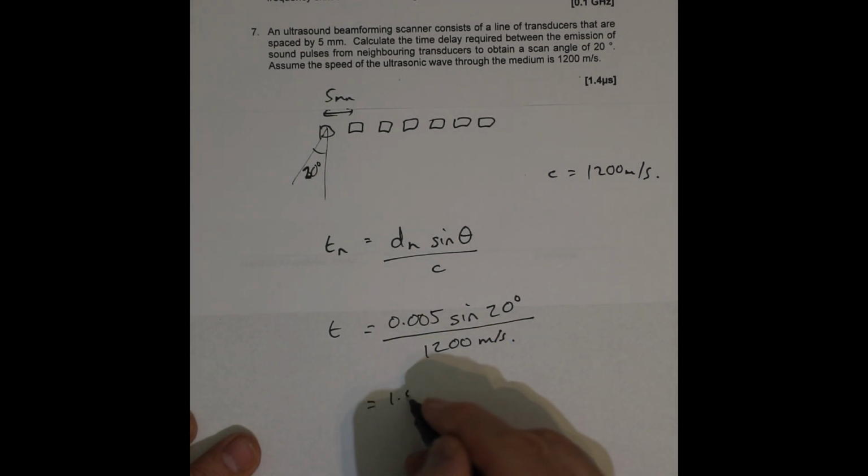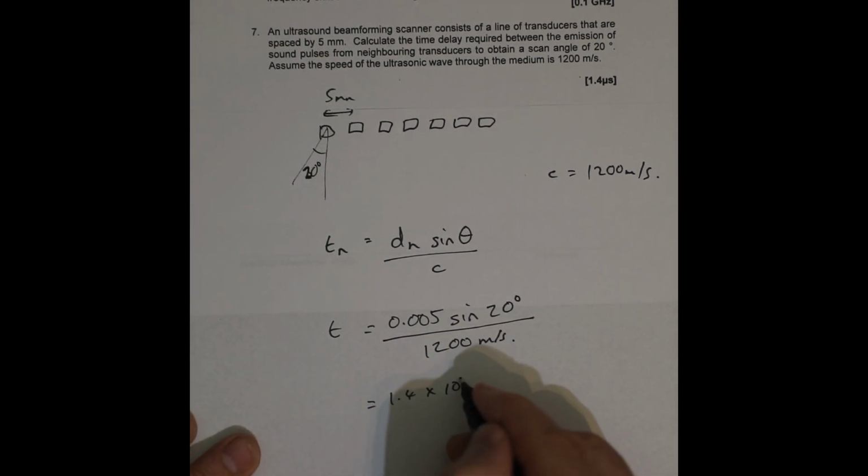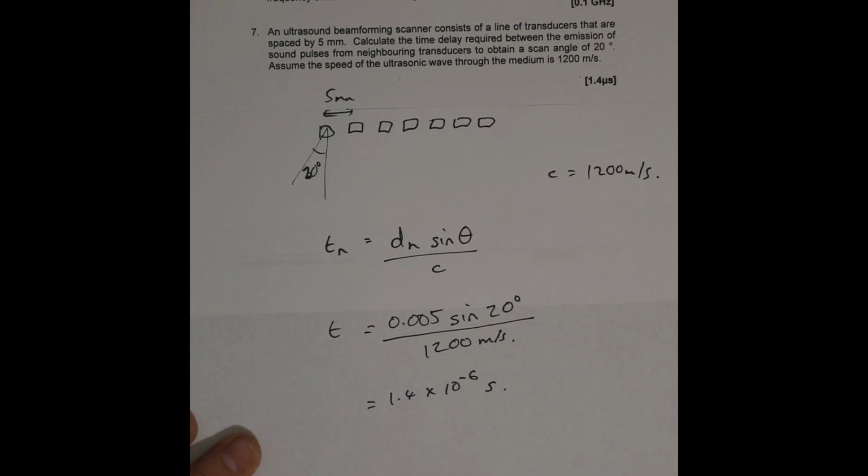Okay, so if we calculate that, we'll get a value of 1.4 times 10 to the minus 6 seconds. So it's a very, very short time between each one, but that's equal to 1.4 microseconds, because the microsecond is times 10 to the minus 6. So that's how we calculate that one.